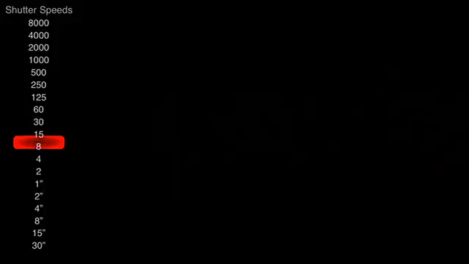Getting down to slower shutter speeds like 1/30th of a second will cause blurriness if your subjects are moving quickly. In this picture, you can see that the bridge is sharp and the camera was on a tripod, not moving at all, but that's how much blurriness you can expect with people walking at 1/8 of a second.